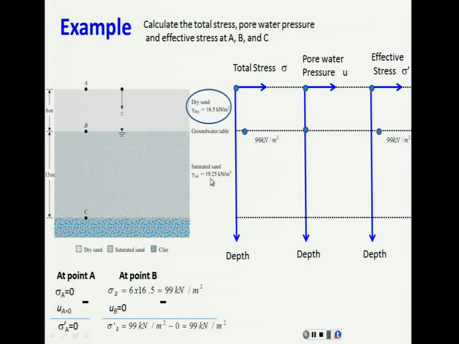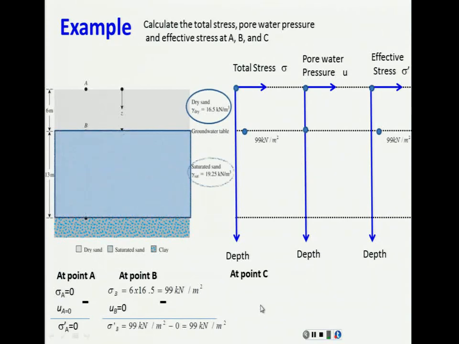It's going to be this unit weight multiplied by this depth, 13. But remember, this is just what is happening in this layer. I have to add everything that was on top of B. That's what we do here. We take the value that we had before, which is 6 times gamma dry, the 99 that we got before, plus the 13 times the saturated unit weight, and you get the total stress at the point C.